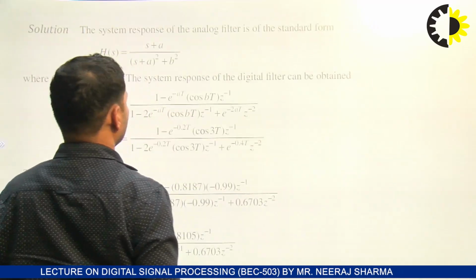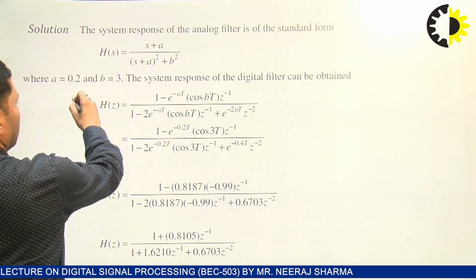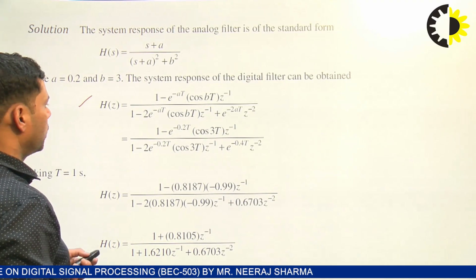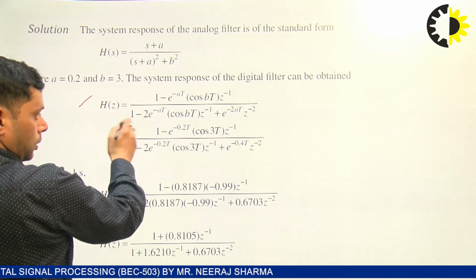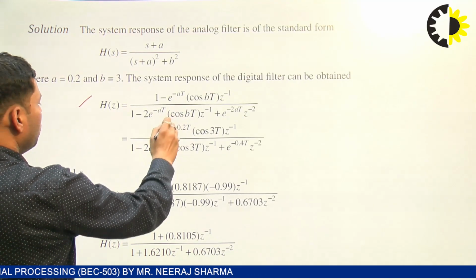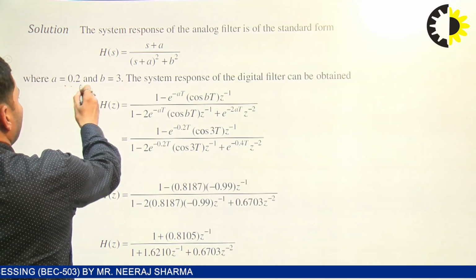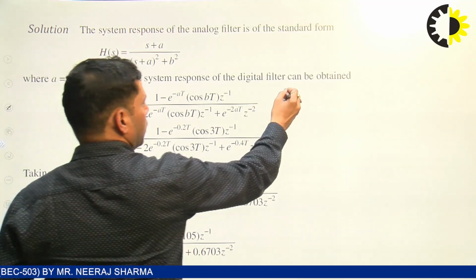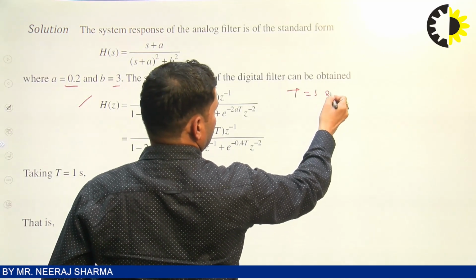So we can convert it. You can use the formula for the transformation H of z, as discussed previously, with a equal to 0.2, b equal to 3, and T equal to 1 second.